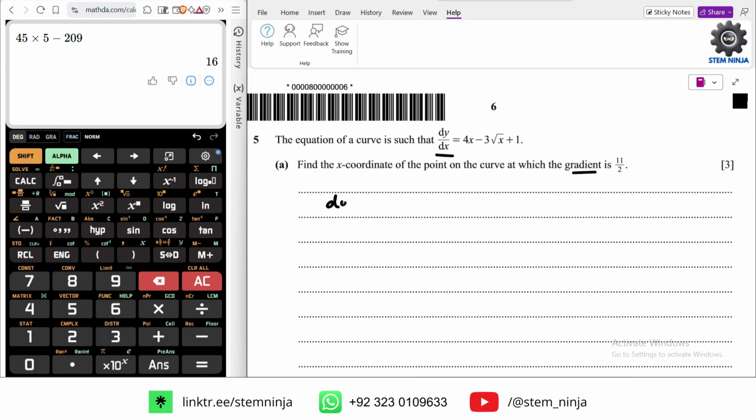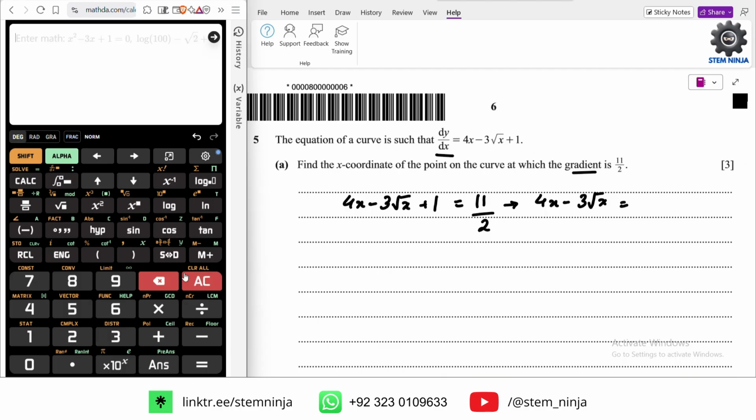So we need to figure out where 4x minus 3 root x plus 1 is 11 over 2. What can we do now? Right, so 1 goes on the other side, so this will become 4x minus 3 root x equals 11 over 2 minus 1, that is 9 over 2.